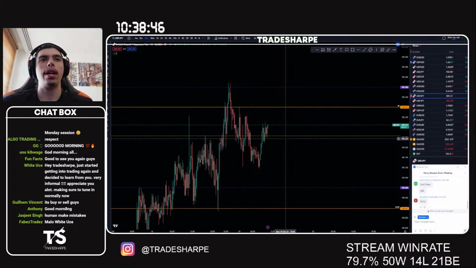So let's go ahead and look at the analysis and see what's going on, because we do have the GBPJPY bank open, so we could get some form of pushes here, which is why we show up. We show up to watch price action, to look at what price is doing, and if there are any options, we can give it a go. But at the end of the day, on a bank holiday, the majority of people are not going to be trading, right?